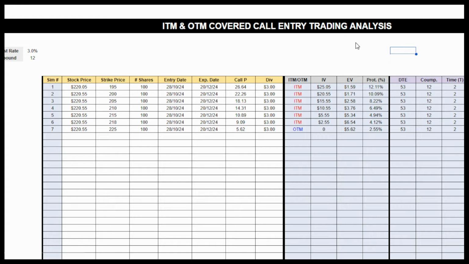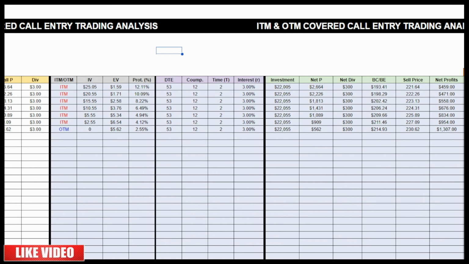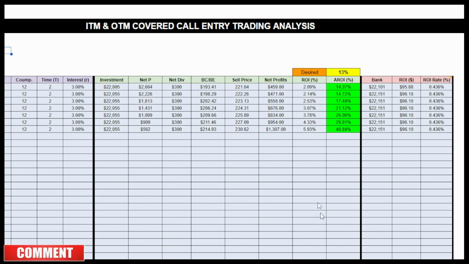Okay, the next concept you're going to see is annualized rate of return. For those 6 trades that we did, the first 6 are in the money, the last one is out of the money. This is our simulator for rate of return and annualized rate of return.